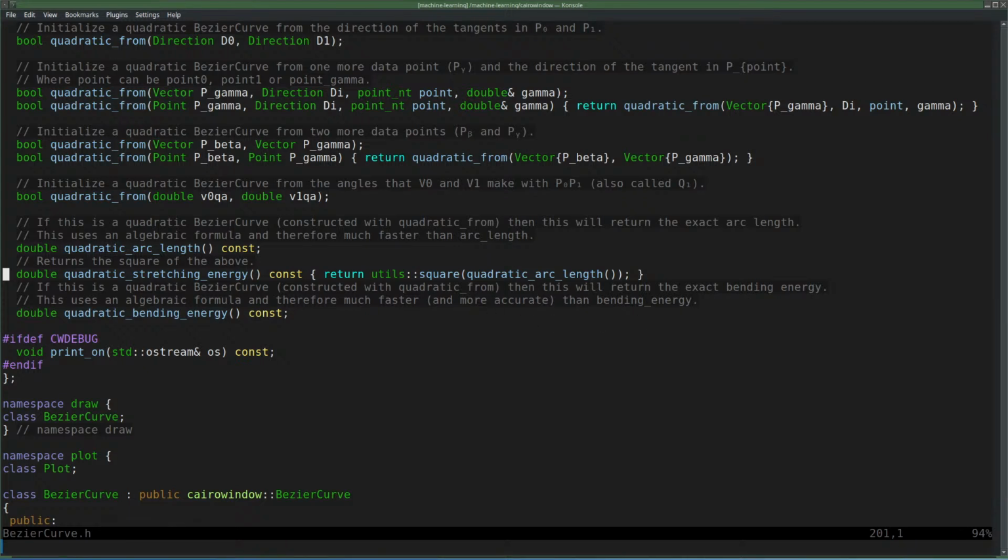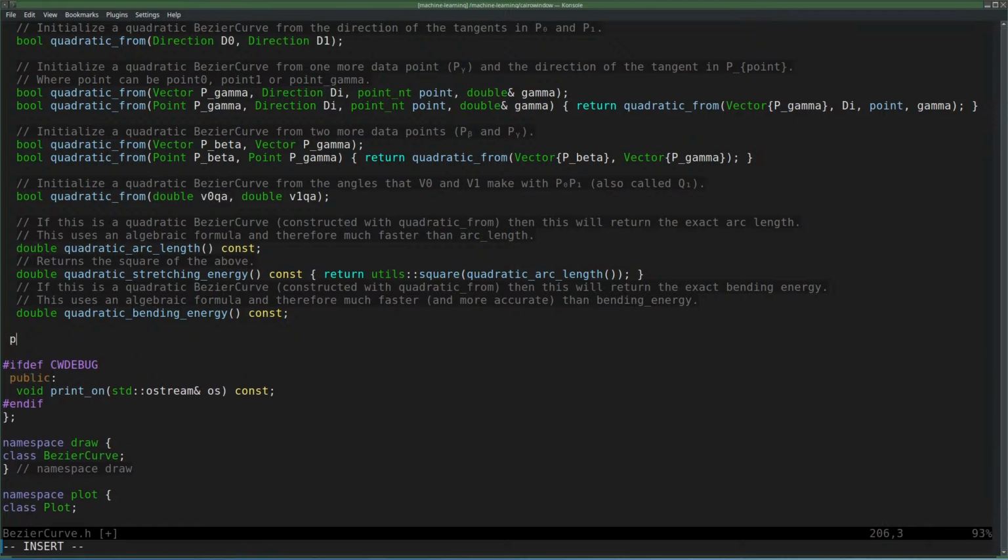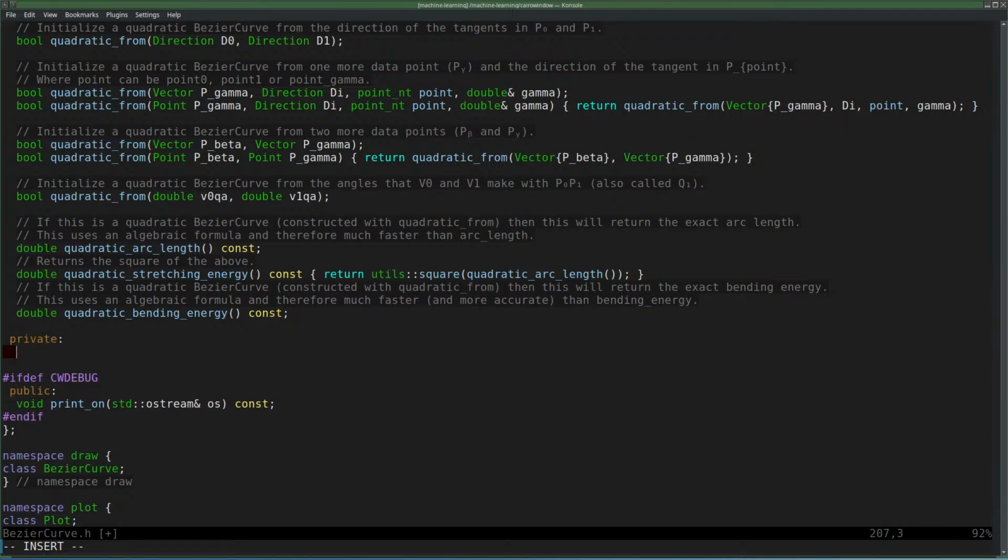Let's add a few private functions. A lot, actually.